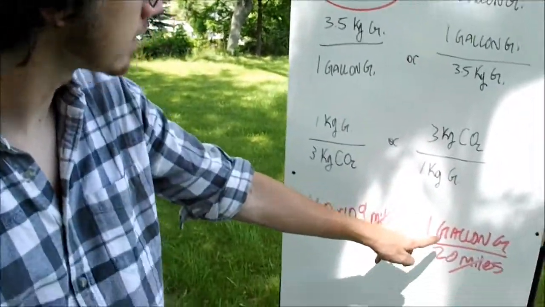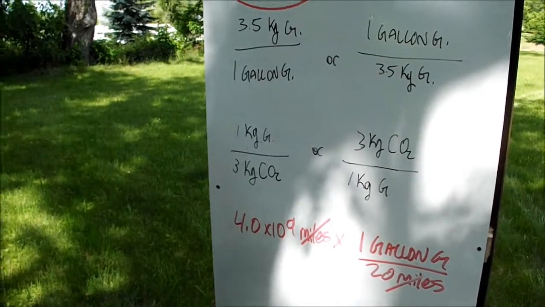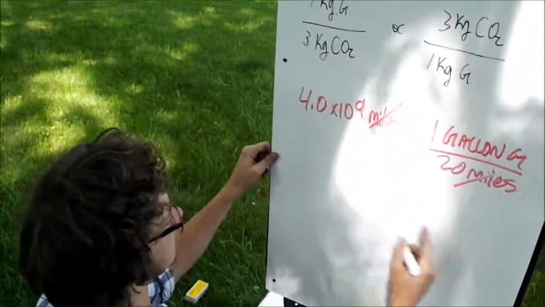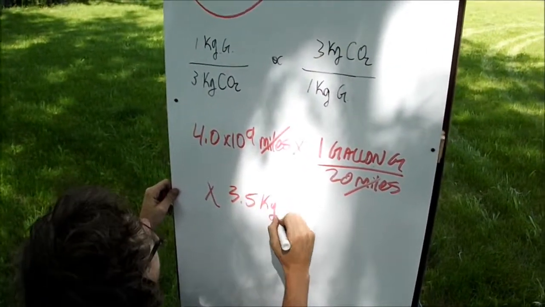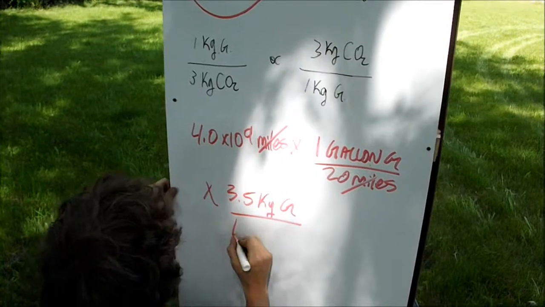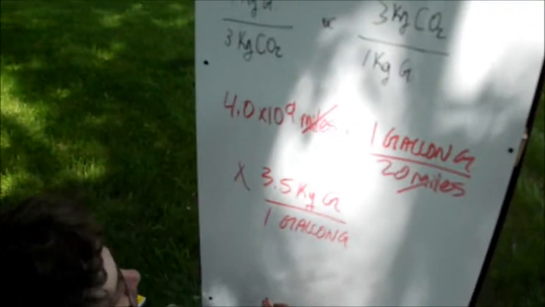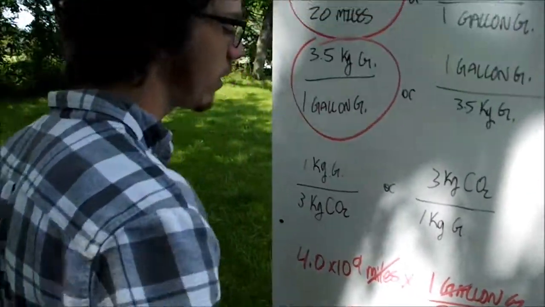And we have gallons of gas at the top in the prior conversion factor, so we want it at the bottom to cancel it out. So we're going to choose this one right here. So it's going to continue our multiplication: 3.5 kilograms of gas for every 1 gallon of gas. So gallons of gas will now cancel, leaving us with kilograms of gas.